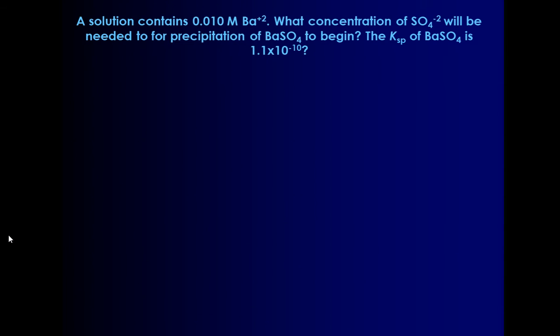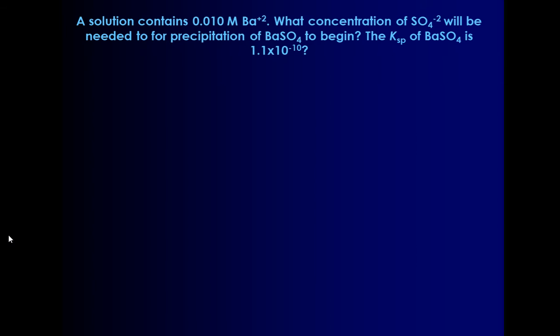In our second example, I'm giving you one of the two ions and asking you to tell me what the concentration would need to be of the remaining ion if we're going to have precipitation occur. We've got a solution of 0.010 molar barium ions, and we want to know the concentration of the sulfate ions. We're told that the precipitate is barium sulfate, and the KSP of barium sulfate is 1.1 times 10 to the negative 10th.